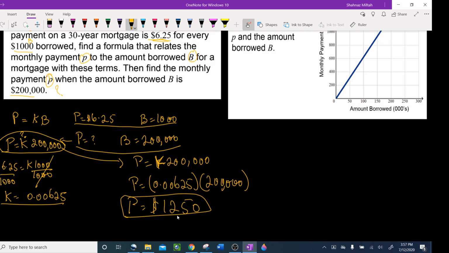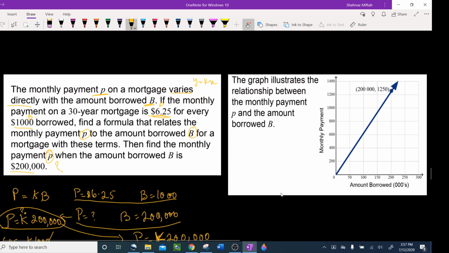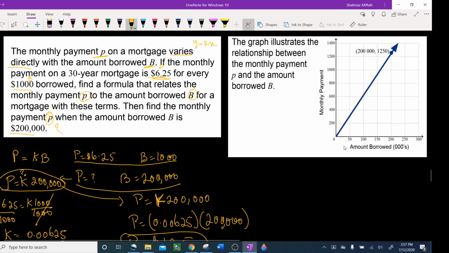Now, here is the graph. It illustrates, do you see the slope is increasing? Because if you pay attention, the more money you borrow, the payment is going to increase. So if I borrow $150,000, then the payment is going to be between $800 and $900 and $1,000.